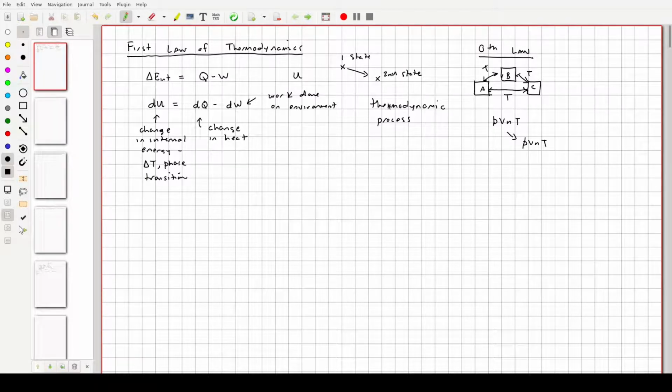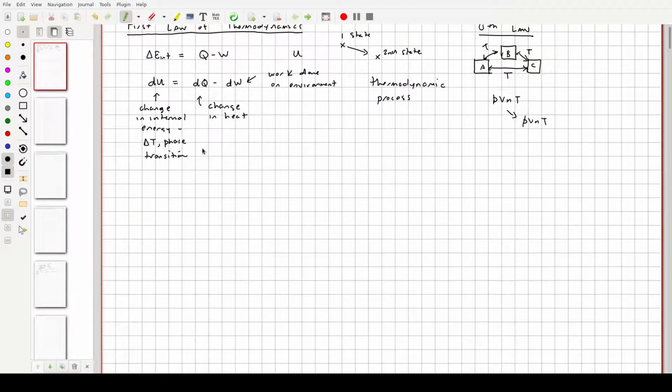All right. Now, there are some conventions that you need to be aware of when you work with this law. First of all, one of the most common ways that you see it written is dQ is equal to dU plus dW. Now, here, dQ can be positive or it can be negative.